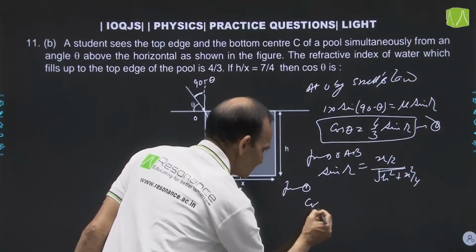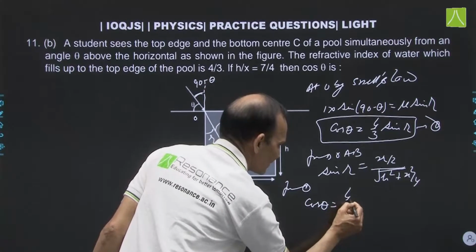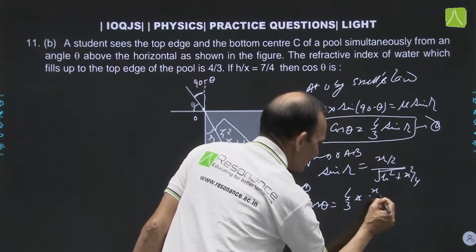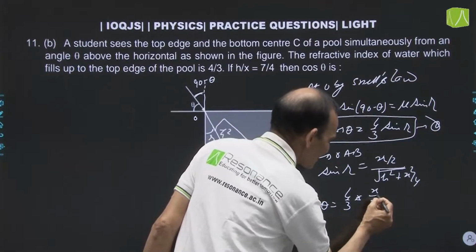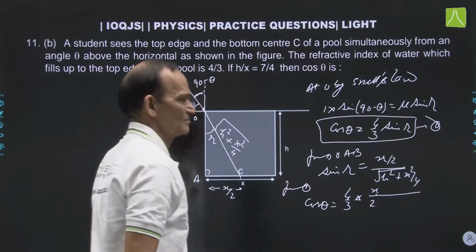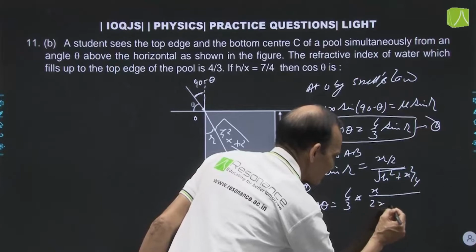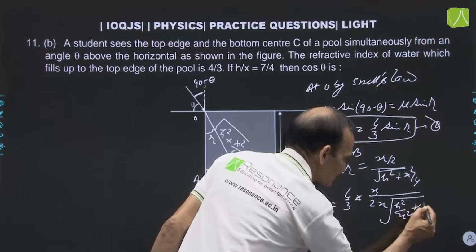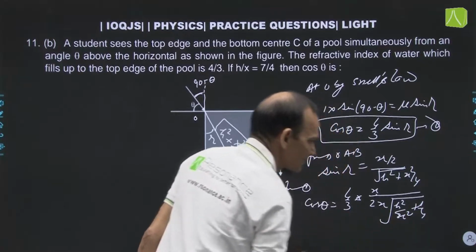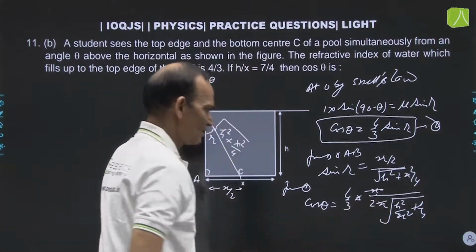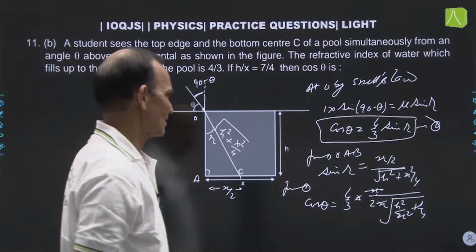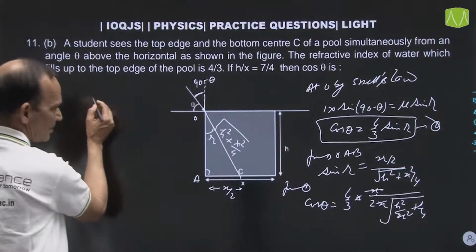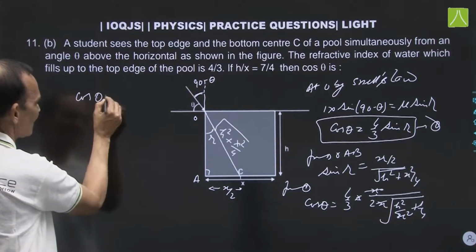From 1, cos theta will be equal to mu, given 4 by 3, sin of r is x upon 2 into, take the common x square, here will be x, here will be x square upon x square plus 1 by 4. Is it clear? X cancels, 2 by 2 common, that is 4 by 6. Now think here, what is cos theta?